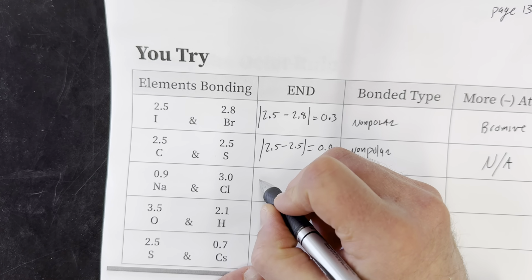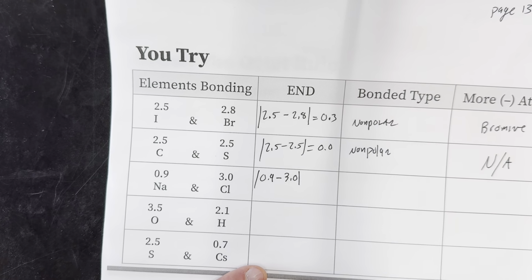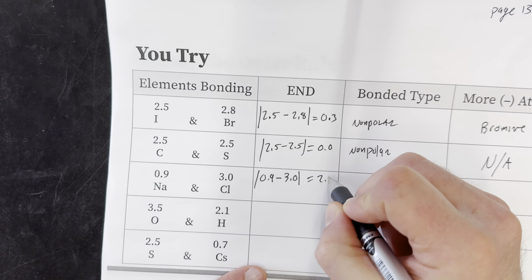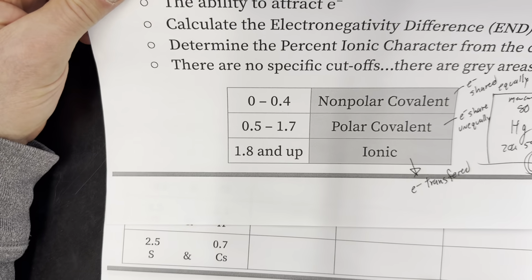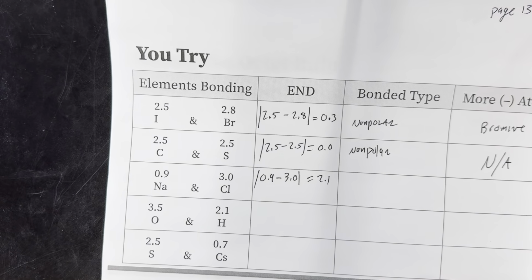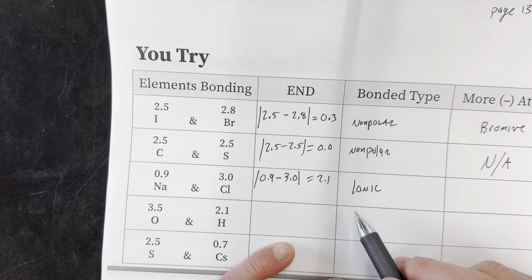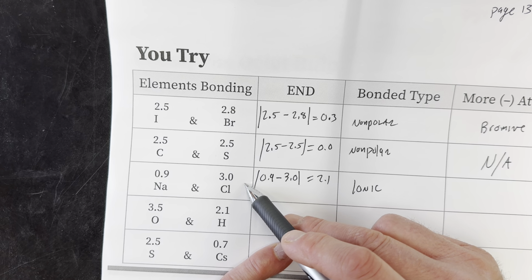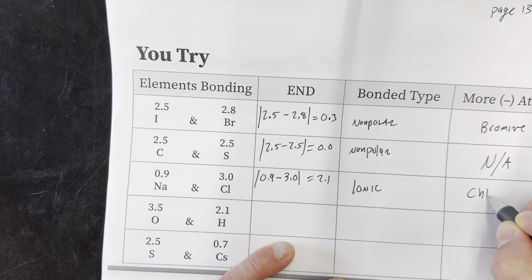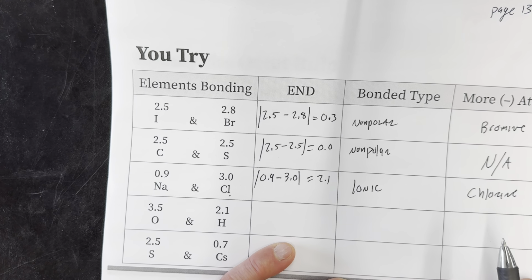Now I have 0.9 minus 3.0, which I believe is 2.1. If I look at the chart, it's greater than 1.8, so this is an ionic bond. As a result, the more negative atom is the one with the larger electronegativity, which is going to be chlorine. That means the electron is going to be pulled from sodium to chlorine.